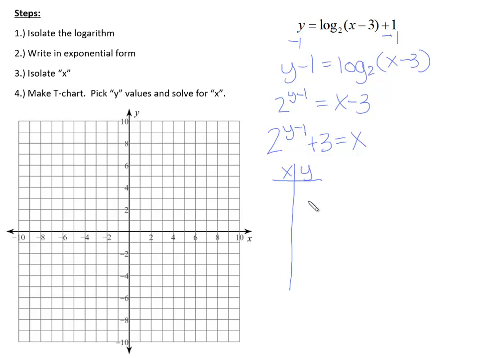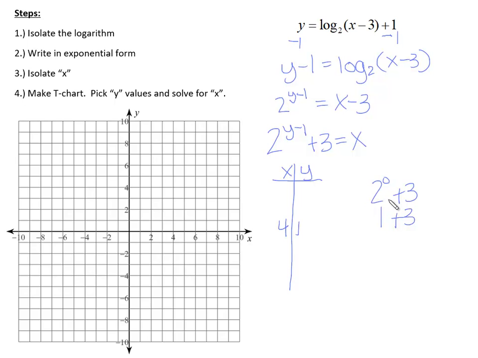So in this case, positive 1 is a good value to start with, because 1 minus 1 is 0. So when I plug in 1, 2 to the 0 power is 1, and 1 plus 3 is 4.